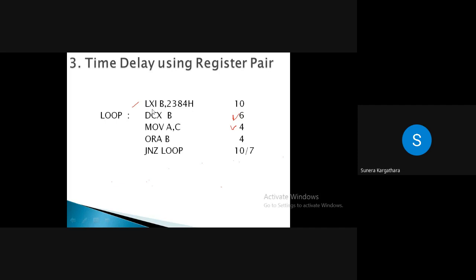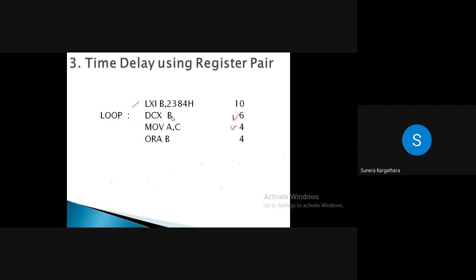We know whenever we want to load a register pair, we have to use the LXI instruction. When we were loading a register, we used the MVI instruction, right? But here we are loading a register pair, so the LXI instruction will load our register pair BC. Here there is no constraint, you can take any register pair, BC, DE, HL pair, any register pair you can take.